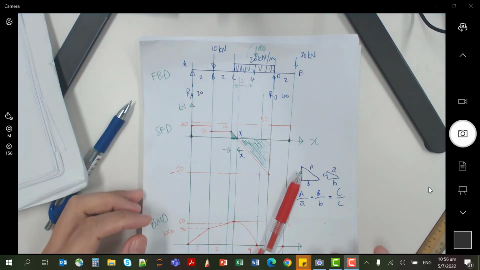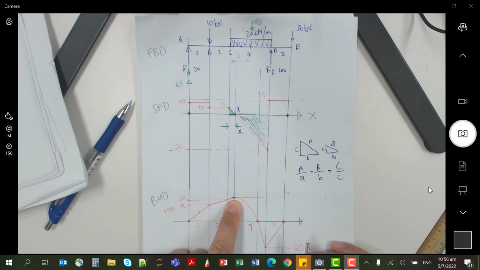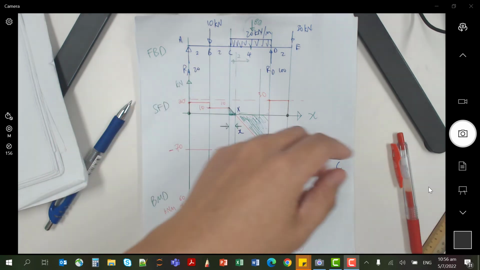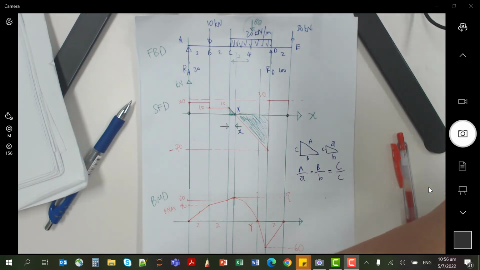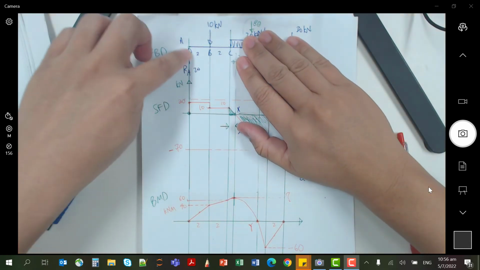So that's what we're going to do. Since we are looking at this point, we will cut at this point and draw the free body diagram of the left hand side.